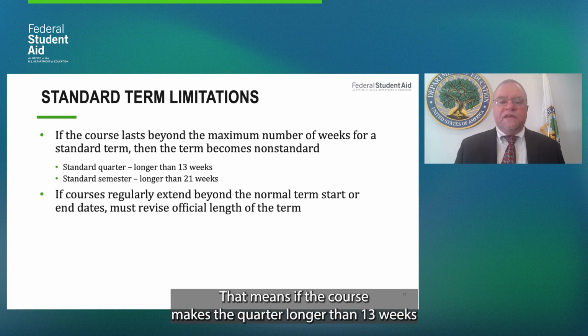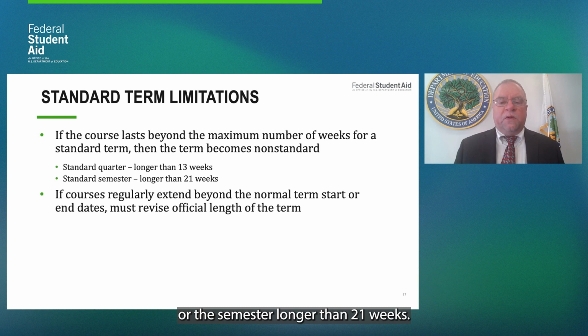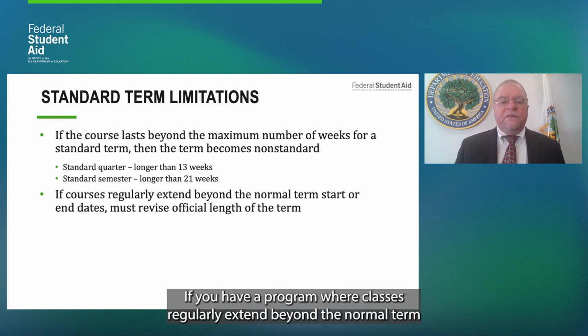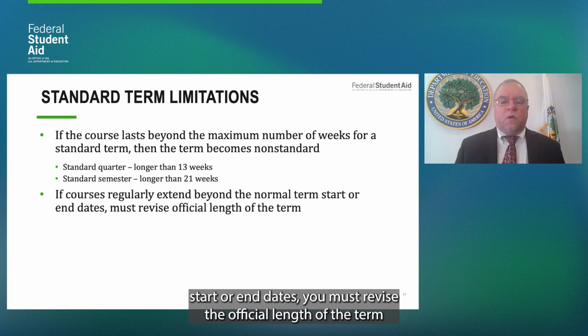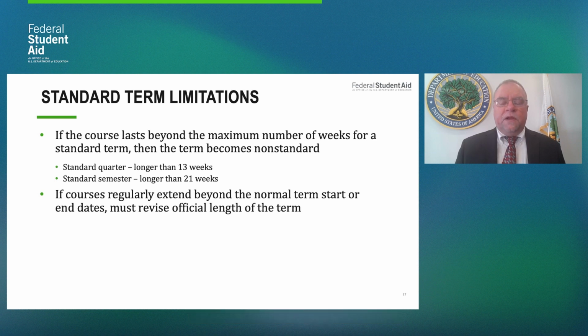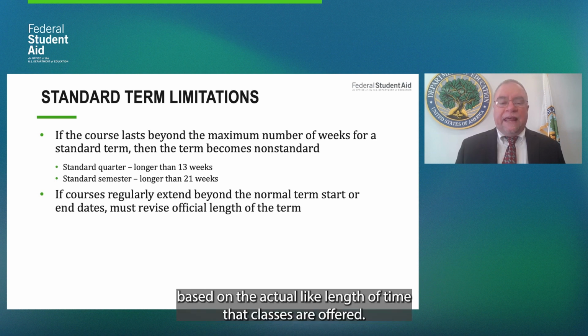That means if the course makes the quarter longer than 13 weeks or the semester longer than 21 weeks, the term is no longer standard. If you have a program where classes regularly extend beyond the normal term's start or end dates, you must revise the official length of the term based on the actual length of time that classes are offered.